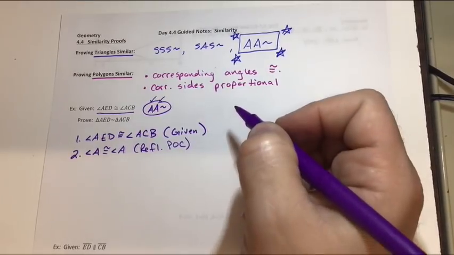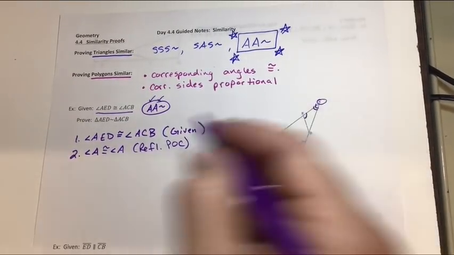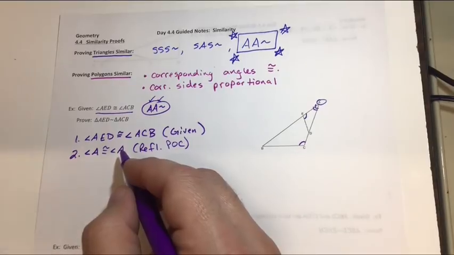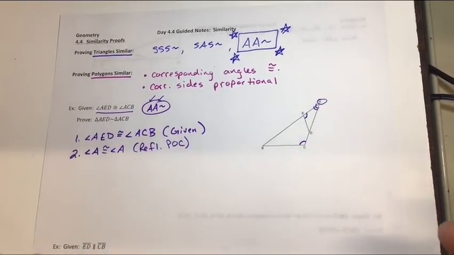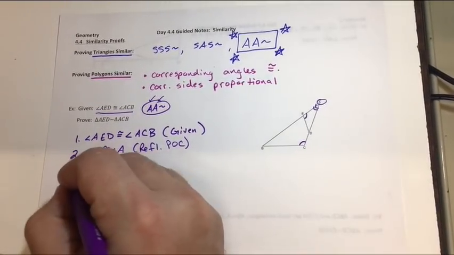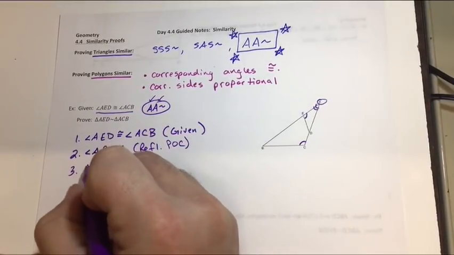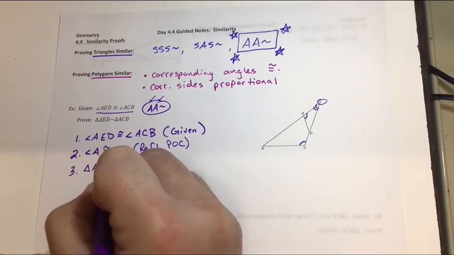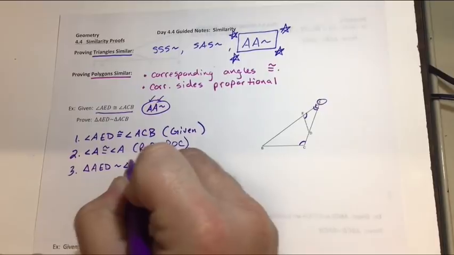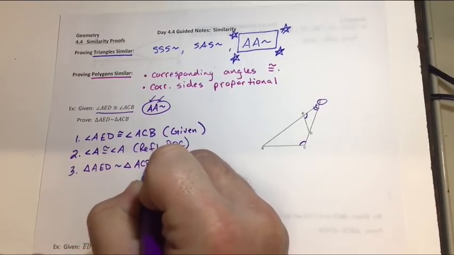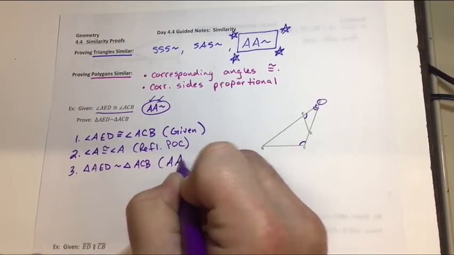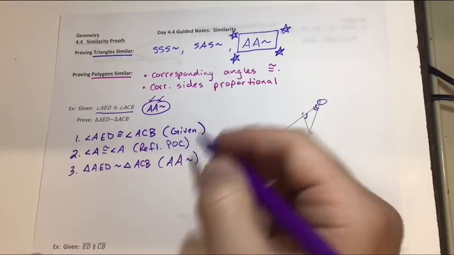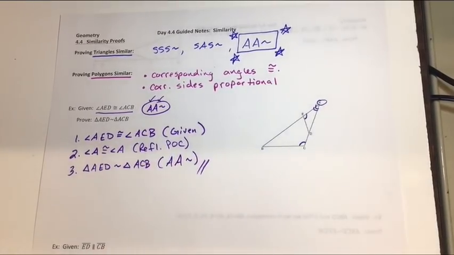Hopefully you're paying attention and listening and catching me on these. Which, that's the other pair of congruent angles, which makes these similar triangles by AA. So that's our final step. Triangle AED is similar to triangle ACB by angle-angle similarity. And that's what we're trying to prove.